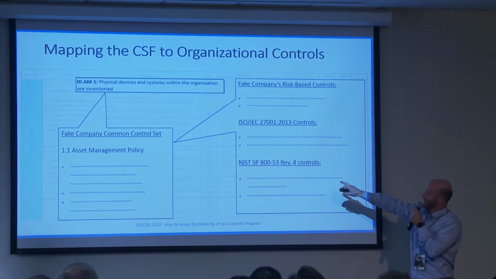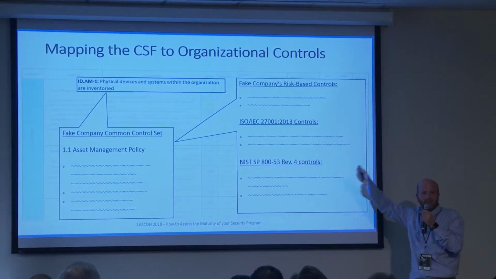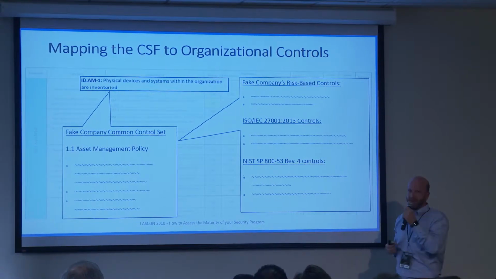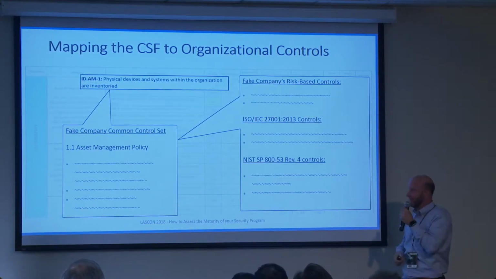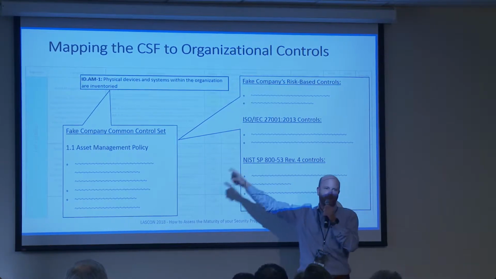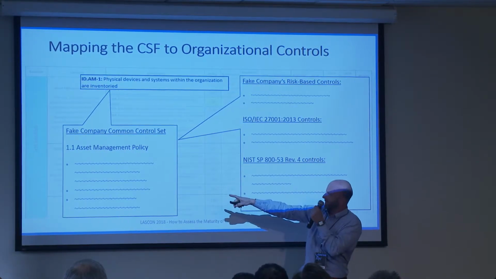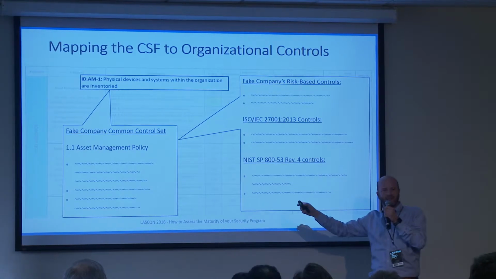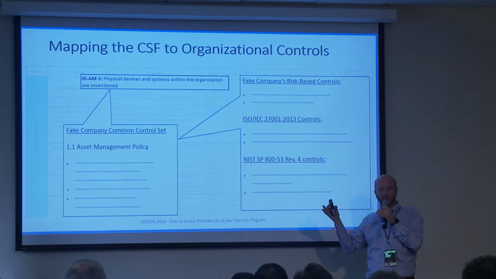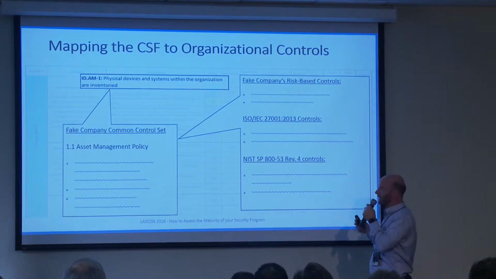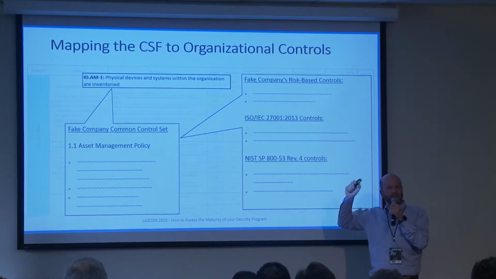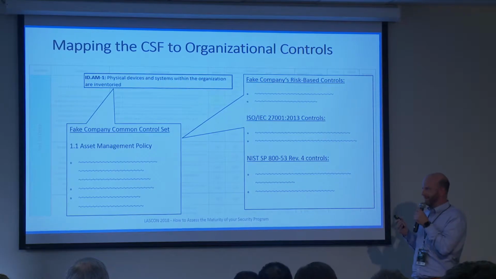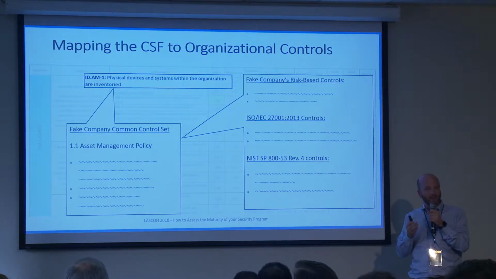And you might be managing against FISMA and the requirements in Special Publication 800-53, and so the requirements for asset management in FISMA also go into your common control set. And from there, what we are doing in the presentation you saw earlier of results and whatnot, is we simplify that into the language of the cybersecurity framework, just as a straightforward way to talk about where we are.